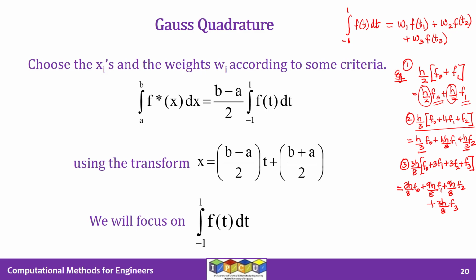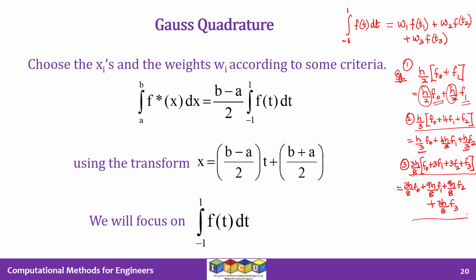And the f values, which are f0, f1 and f2 in this case, are taken from the table. That means you do your experiments, collect the data, and arrange it in the order that you see in the table, and that will determine f0, f1 and f2. Now if you come to Simpson's 3/8 rule, this is what we derive, and I can expand it like what you see here.